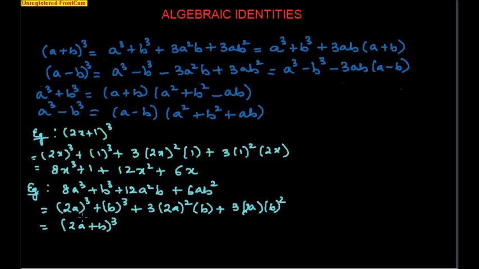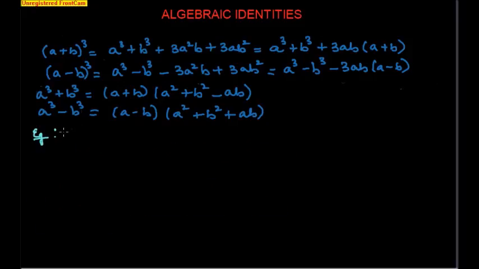Let us take another example. Now 27y cube plus 125z cube. If you see, I can write it as 3y whole cube plus 5z whole cube.